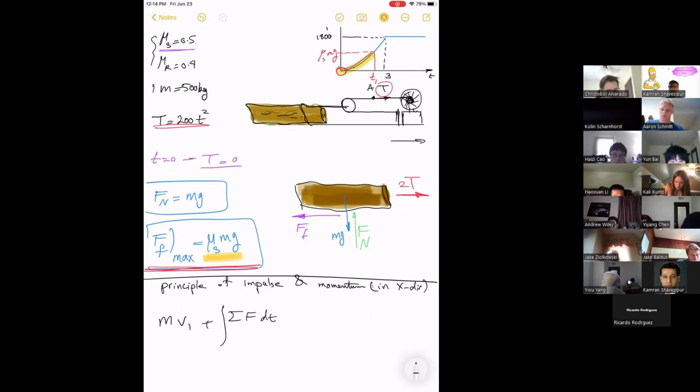How much is the overall time we are interested in for this problem? It says 5 seconds, so t is 5 seconds. From 0 to 5, and this is going to give me mv2. Can I write this?